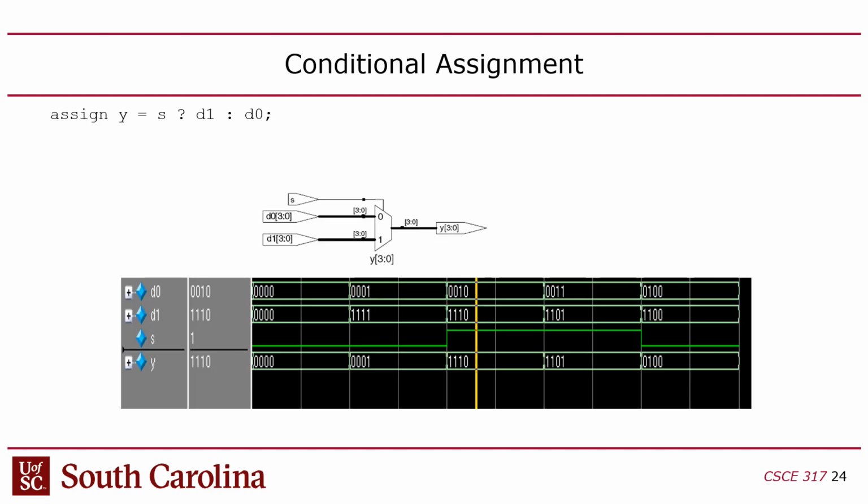So I mentioned the ternary operator, which is right out of C++ and Java, but it's used in Verilog to create a MUX, conditional assignment. So we can assign Y to D1 or D0 based on S, which is a MUX. So this should synthesize directly to a MUX.